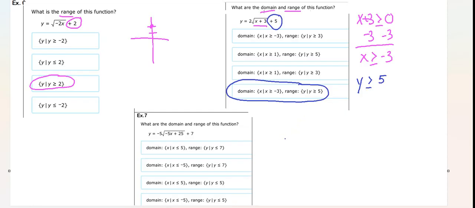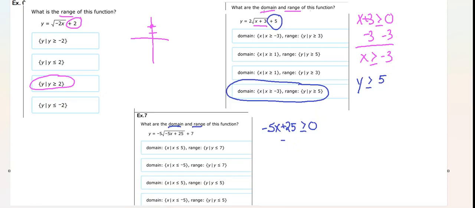Last example. Domain and range. All right, so this one might be a little trickier. We're going to take this part, -5x plus 25, set it to greater than or equal to 0, and we'll solve that.